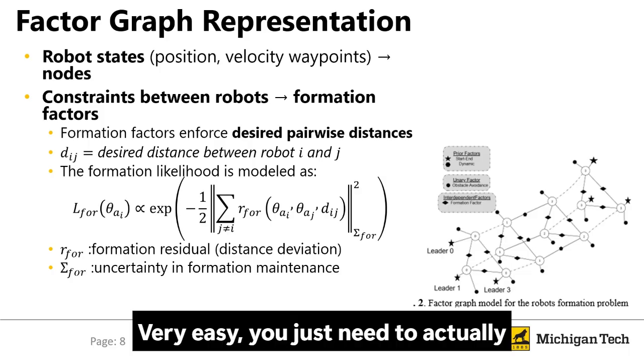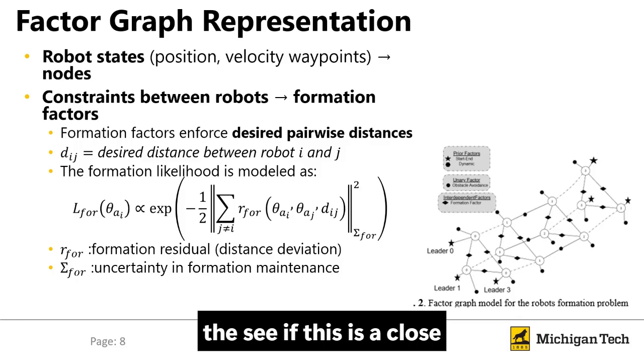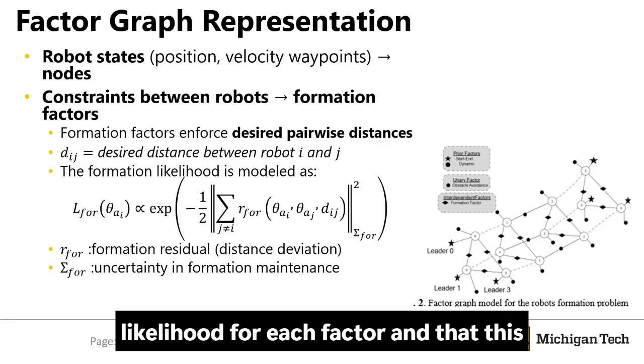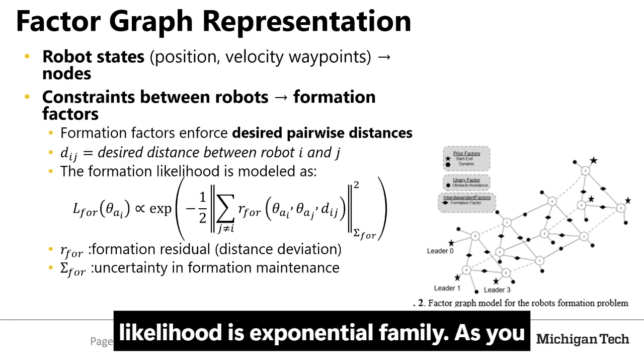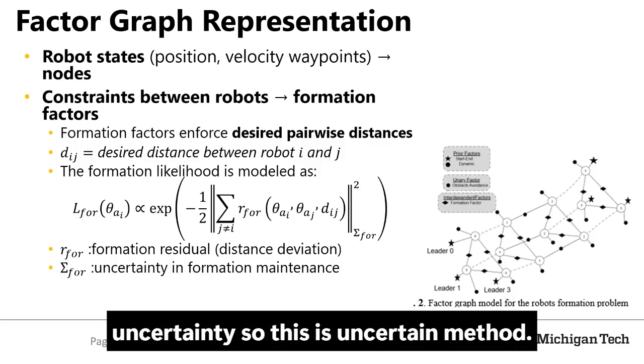It's very easy. You just need to find the distance and check it against D to see if it is close to that. So we can find the likelihood for each factor, and this likelihood is in the exponential family. As you can see, R is the residual, and sigma is the uncertainty. So this is the uncertainty-aware method.